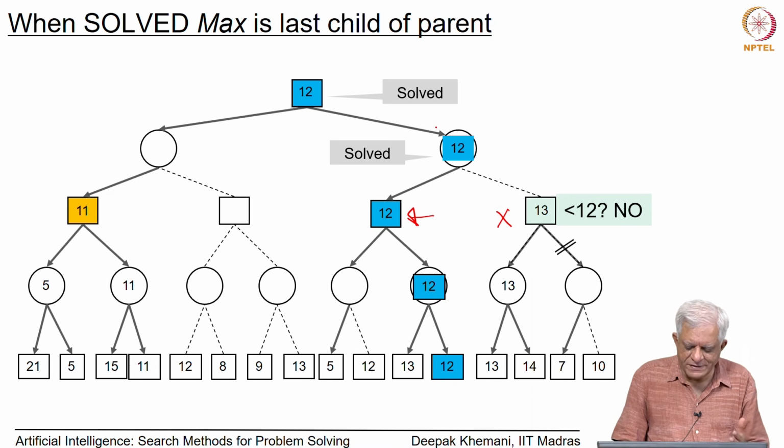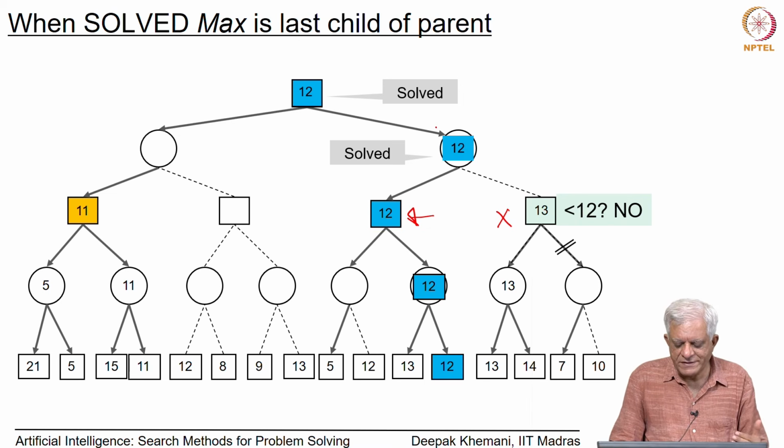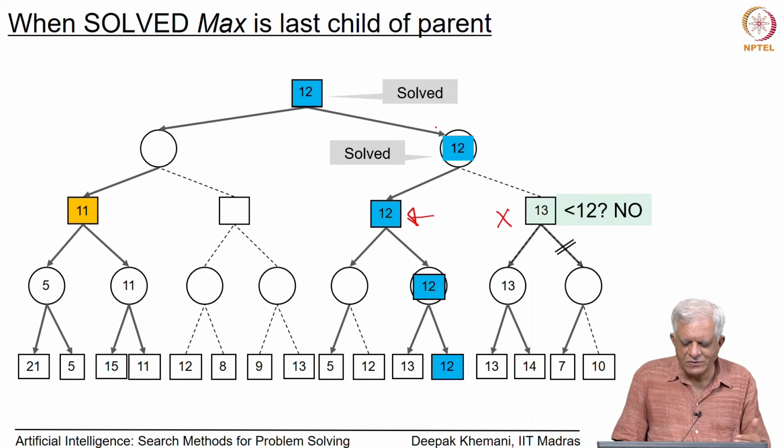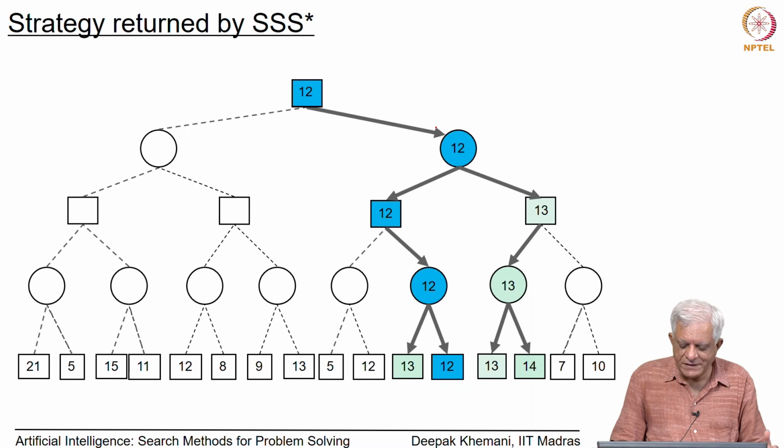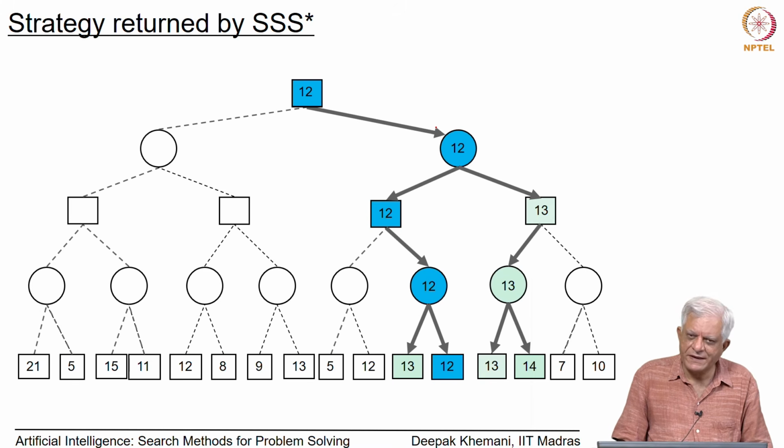So, you have seen that in this SSS star algorithm, the algorithm searches the tree always looking for the best cluster to refine, and it terminates when the best cluster is completely defined. So, once we have a value for the root, we know that it is completely refined or it is a full solution, and the algorithm can terminate, and this is a strategy that it returns.